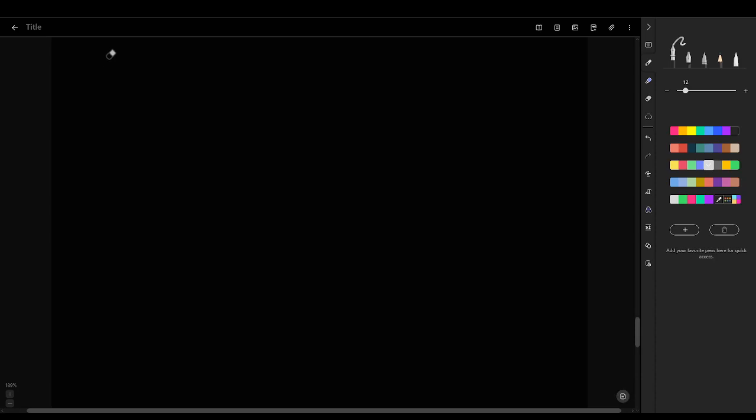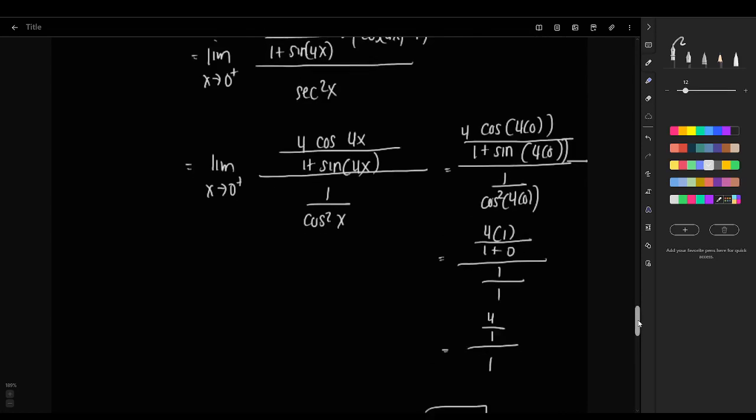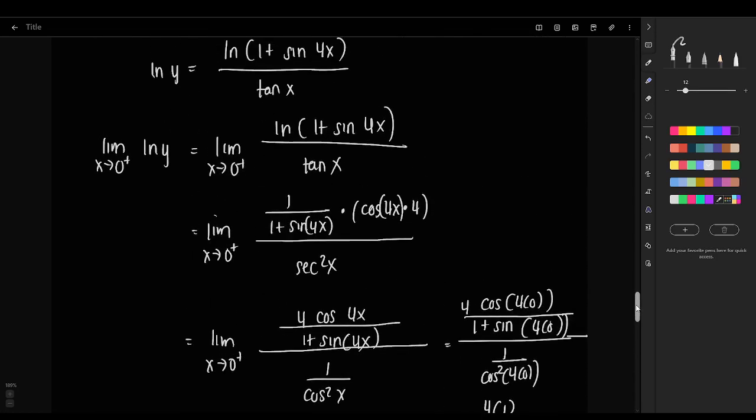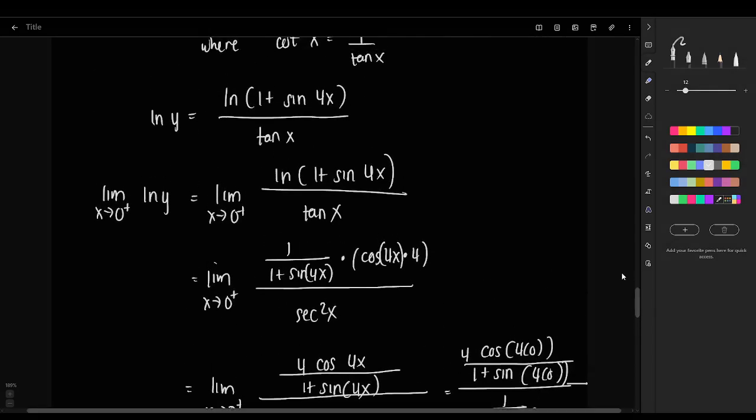That is the limit as x approaches 0, and the equation is x to the power of x. So just like what we used from the previous notations.